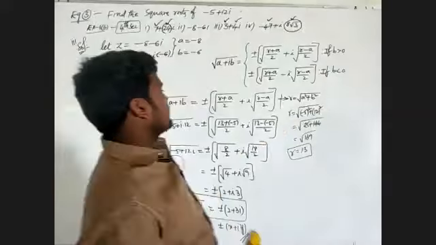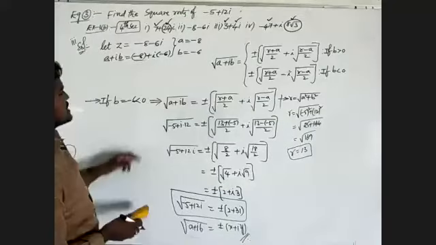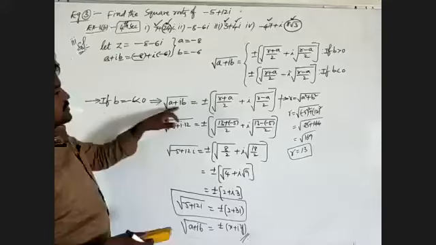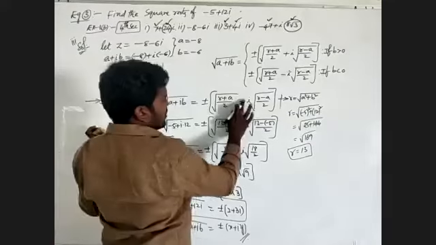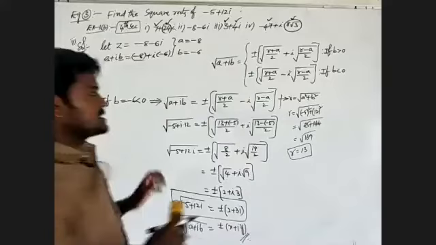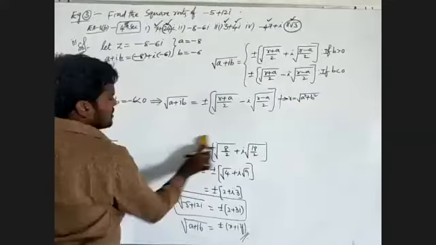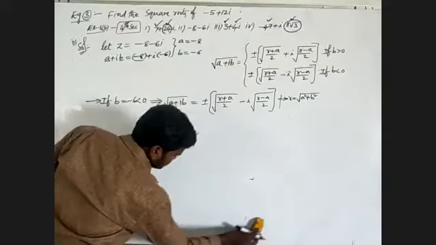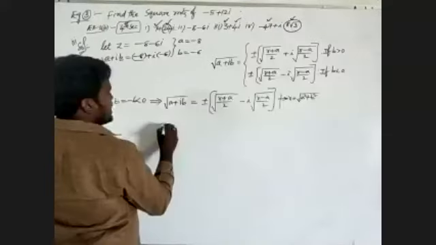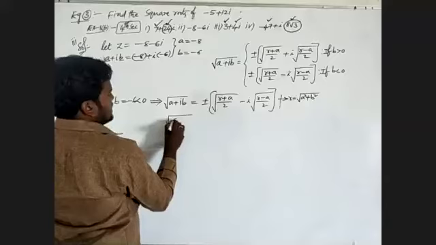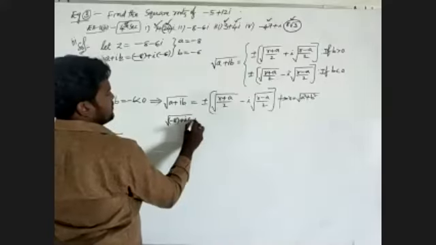That will be written as root of A plus iB is equal to plus or minus root of R plus A by 2 minus i into root of R minus A by 2, where R is root of A square plus B square. I will write that here: the given A value is minus 8 plus i into B value minus 6.